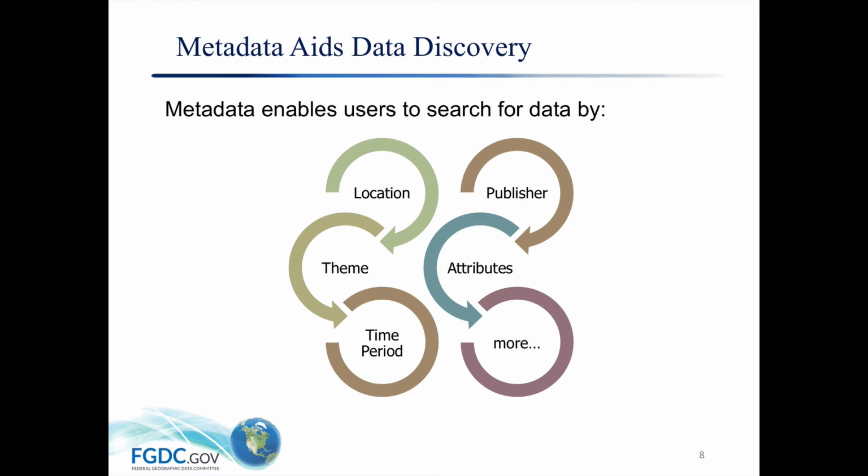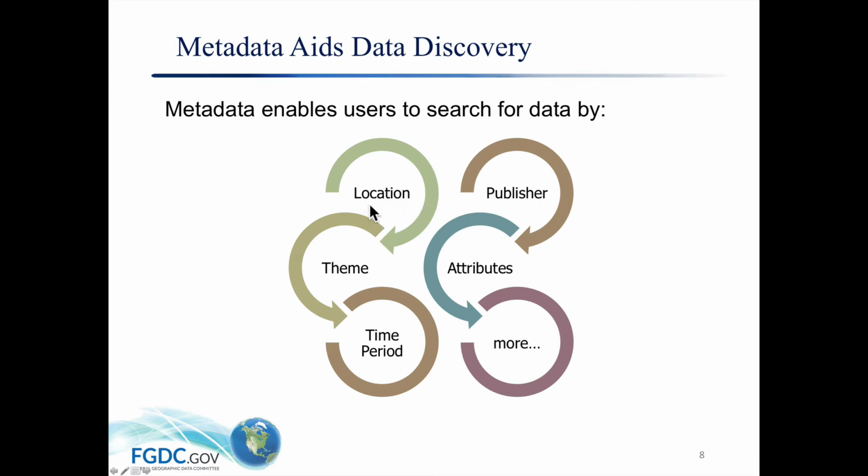Once we have this metadata put together, the real power of that metadata is that it helps us discover data. If we're looking for something like a vegetation map of Australia, we can search on those words and see if they're in the metadata of other data sources that we might not be aware of. So we can search by things like location or theme.